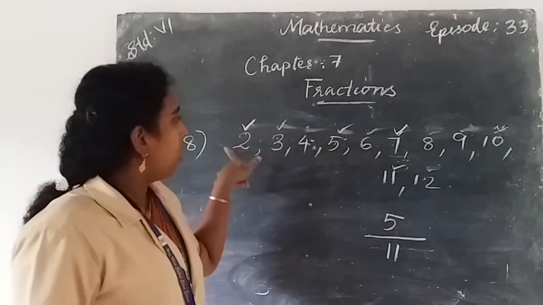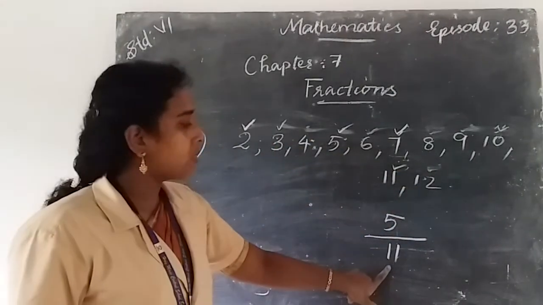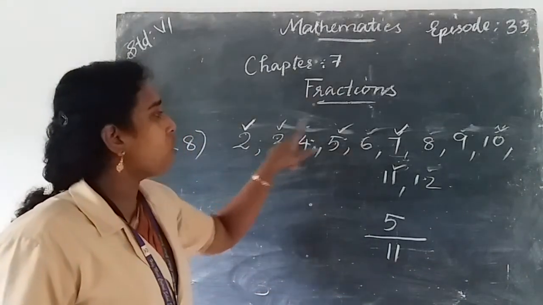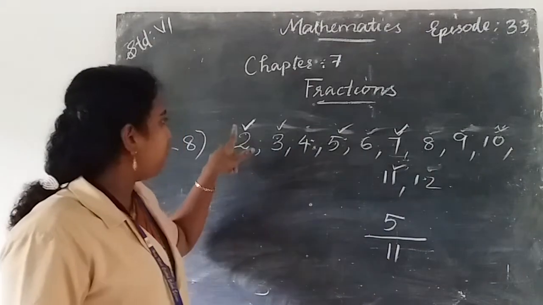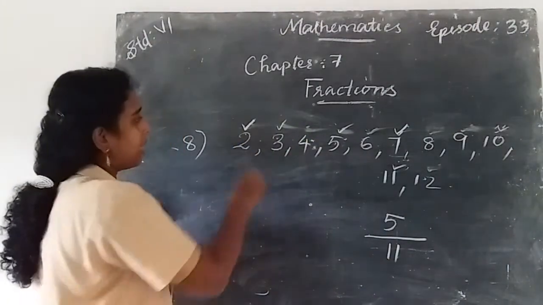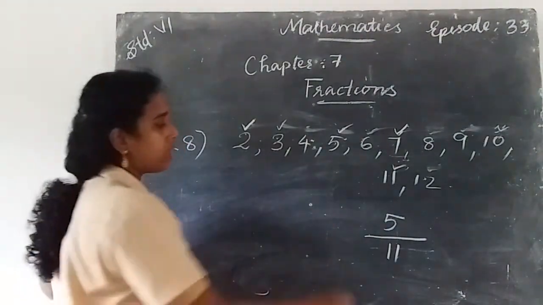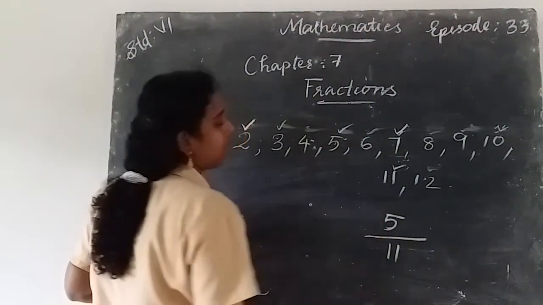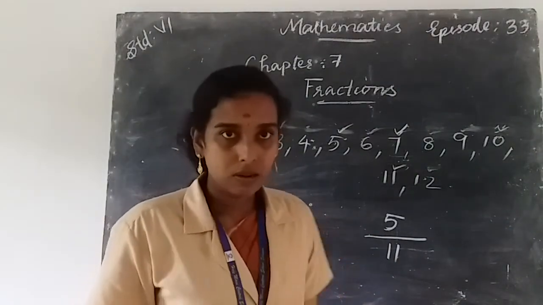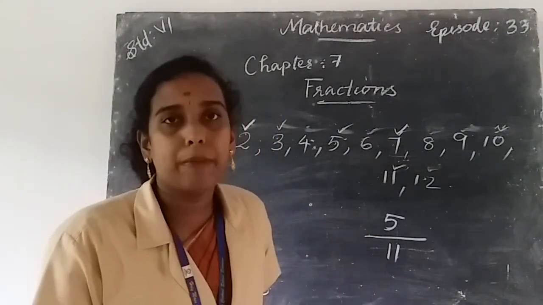Then 11 numbers are given, so write 11 as the denominator, and we identify the prime numbers from these given numbers, and there are 5 prime numbers. So write the number of prime numbers as the numerator. So we get the fraction as 5 by 11. Okay, so the answer is 5 by 11.